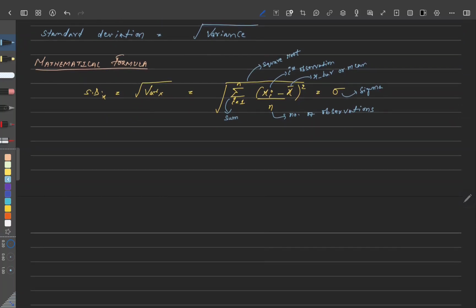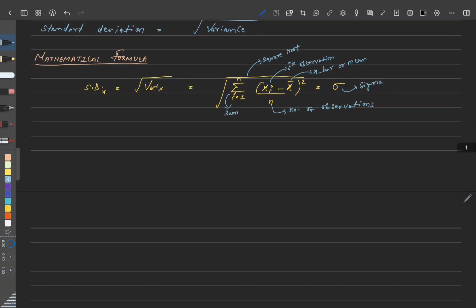Now let us understand why this is required when we already have variance. The only difference between variance and standard deviation is that for standard deviation we are doing the square root. So why is that necessary? What is the advantage that we get by square rooting the variance?